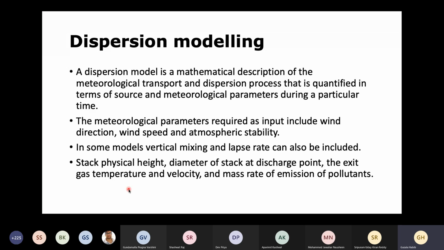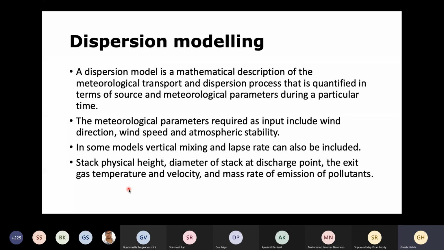Out of source characteristics, emission rate is one of the most important parameters, other than shape or size of the source, like stack height, stack diameter, all that goes. But emission rate should also be known to calculate the concentration in the downwind or upwind direction.